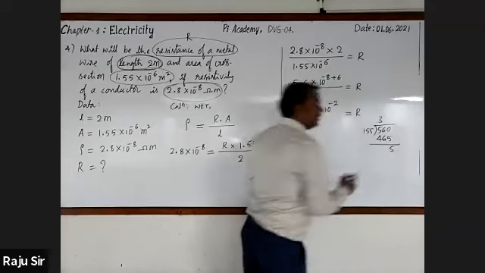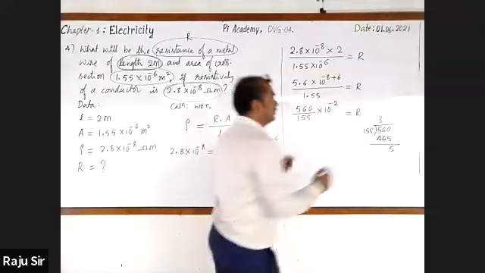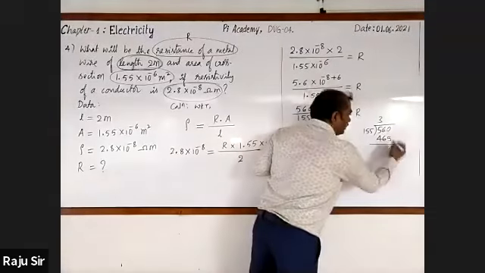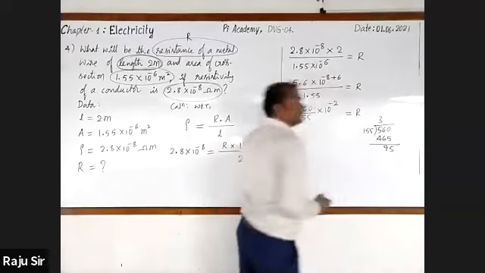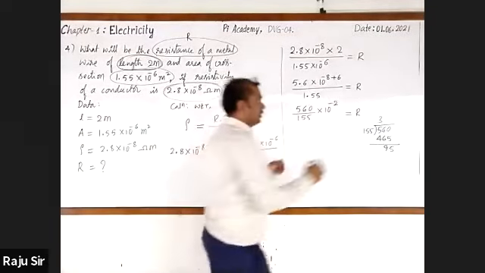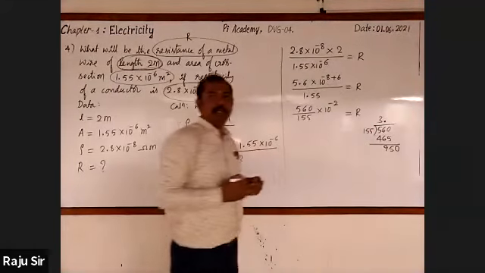Subtract: 10 minus 5 is 5. Here 5 will remain. 15 minus 6 is 9. It is 95. Take a decimal and a 0. It is 950.